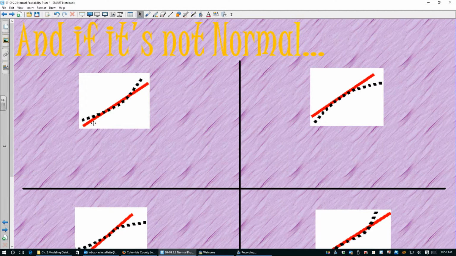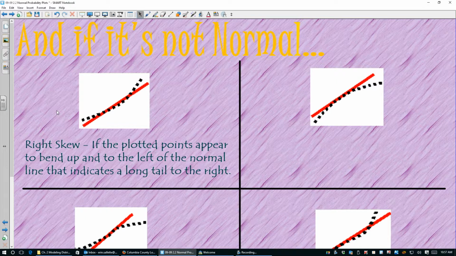Now, this red line here, if our distribution followed the red line, it would be considered normal. However, we see that it kind of bends upwards. In that case, the distribution that made that bending upwards shape is skewed right.